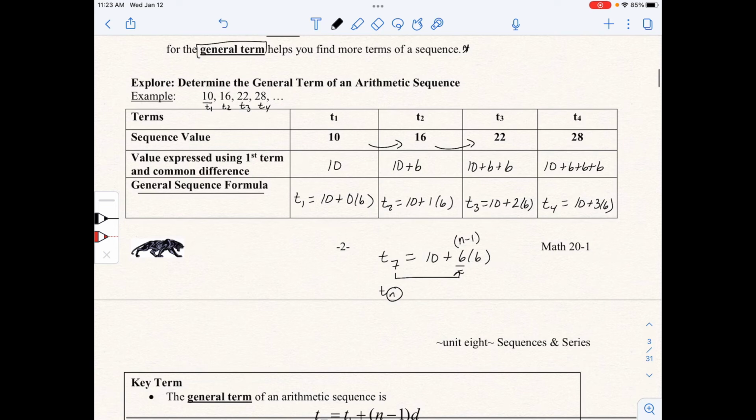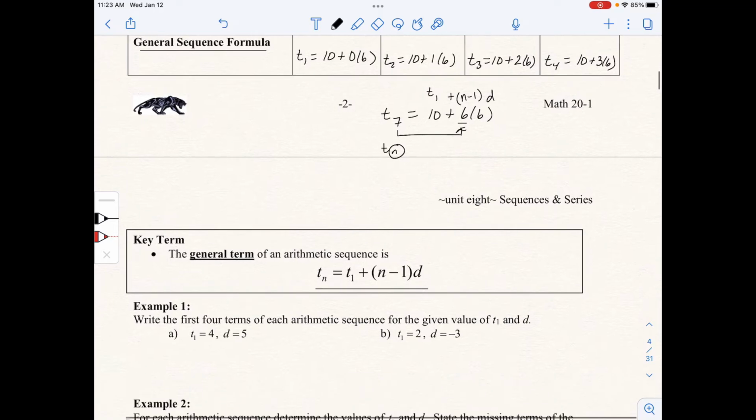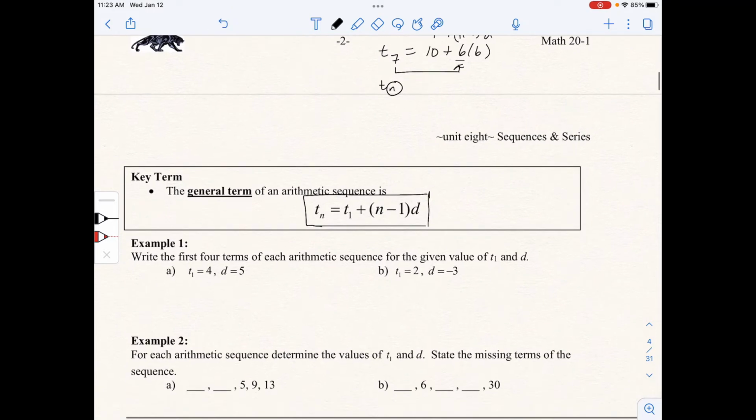So our first term, the 10, T1, plus 1 less than the term number we're looking for, number of differences. And this is our general term formula: Tn is our first term plus n minus 1 times the common difference.